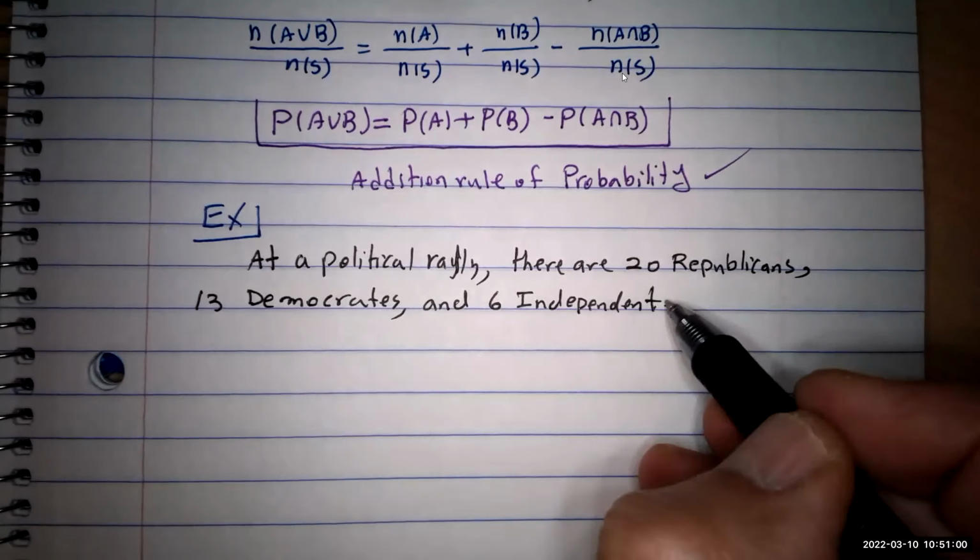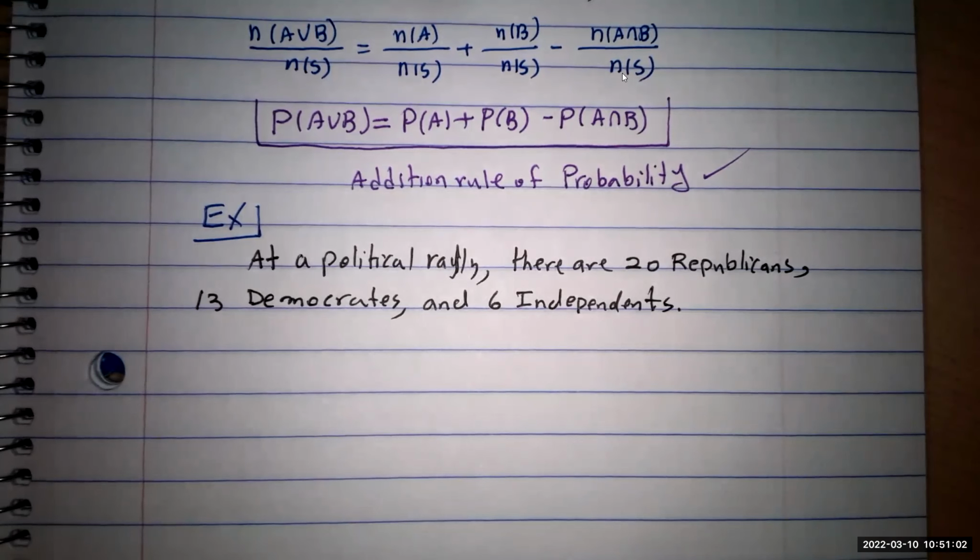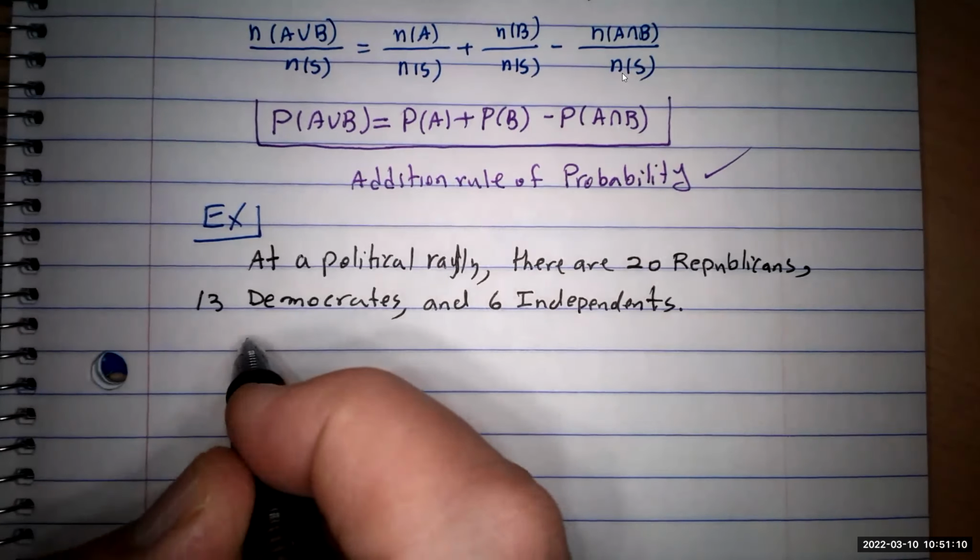Okay. So what we are going to do, we are going to pick one person out, and we want to find the probability. It's always the case. So pick one person out.